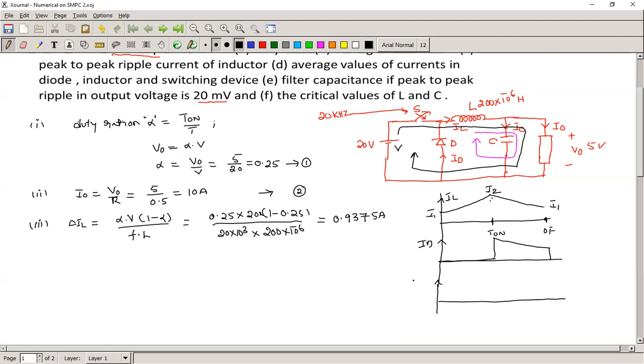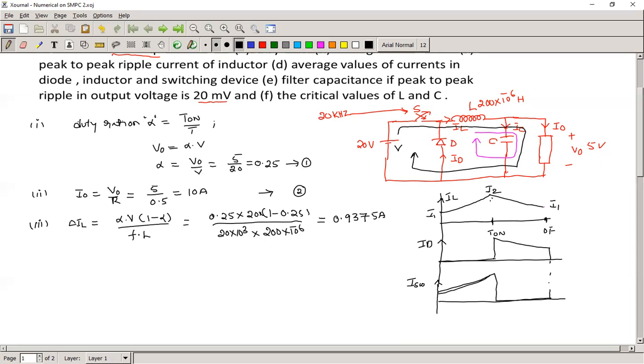This is ISW, from I1 to I2. When the switch is off, it does not carry any current. These are the waveforms for the inductor current, the diode current, and the switching current.